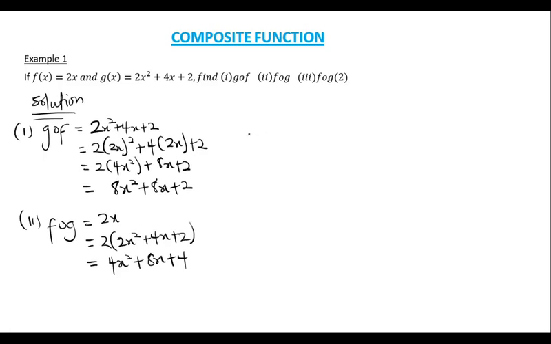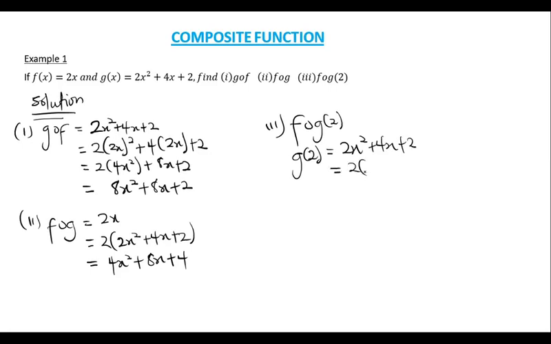Alright, let's continue. The third aspect of the question is f of g of 2. So it means we need to substitute g of 2 into the function f. First of all, let's break this down. We need to find g of 2, which is 2x squared plus 4x plus 2.